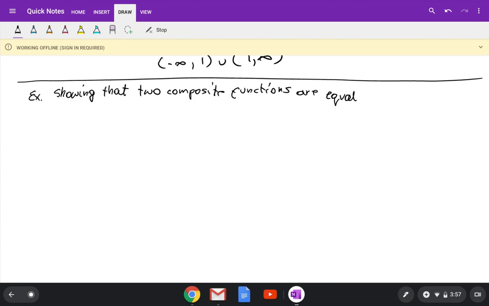Okay, and for this example, I'm going to use your textbook. This is from page 409, Exercise 39.